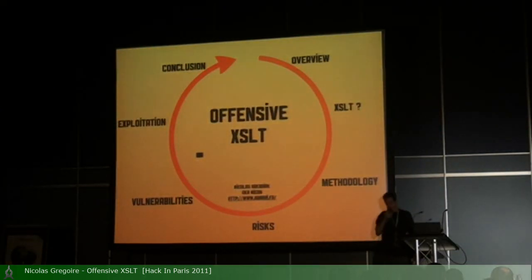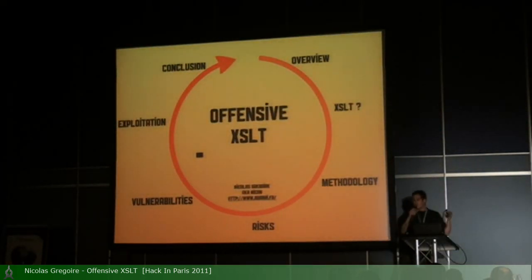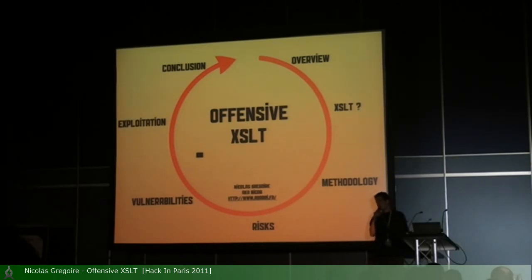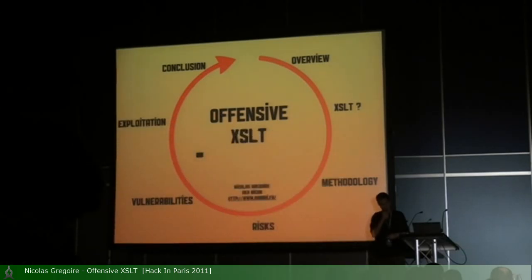So, the plan. I will first give an overview of the research. What is it? What is the goal? What problem are we trying to resolve? Then I will describe XSLT. What is XSLT? In which cases do we use it?